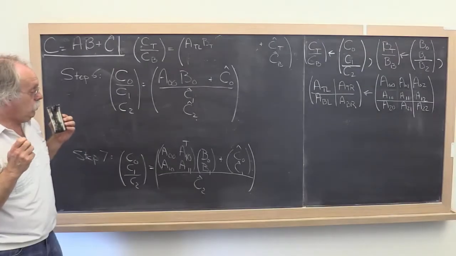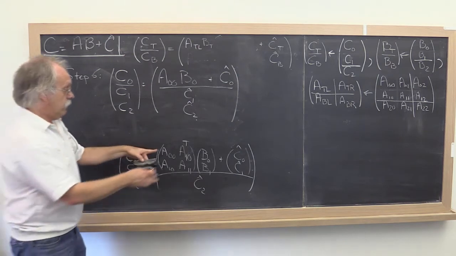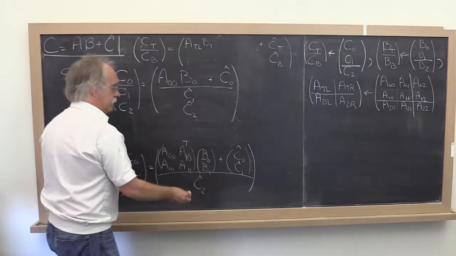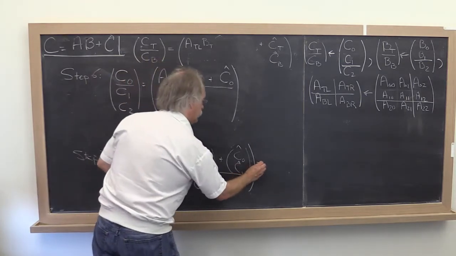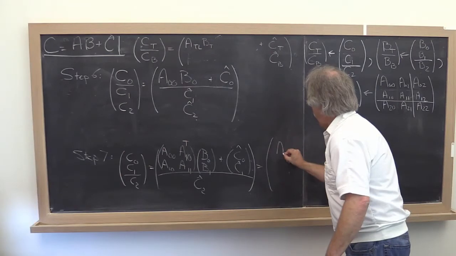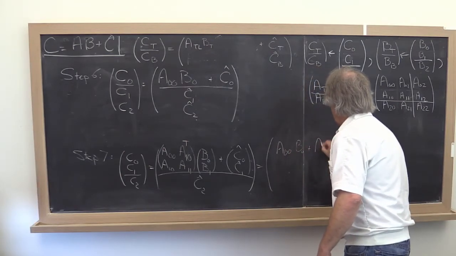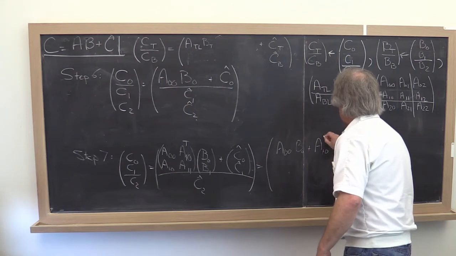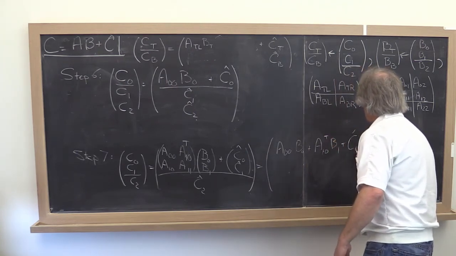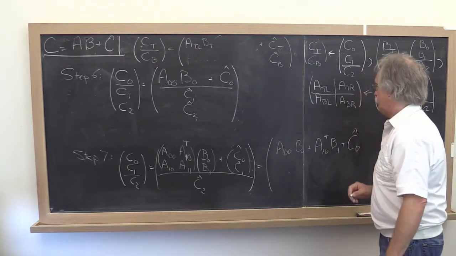And then all we do is we apply what we know about partitioned matrix multiply. This times that plus this times that. This times that plus this times that. So we know that this is just equal to A00 B0 plus A10 transpose B1 plus C0 hat.